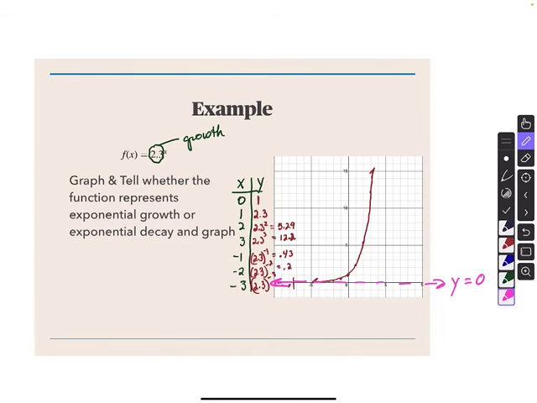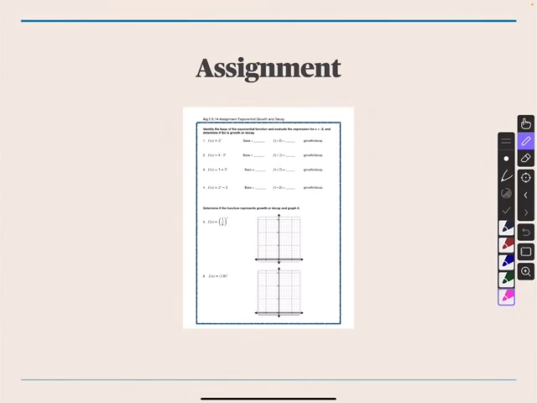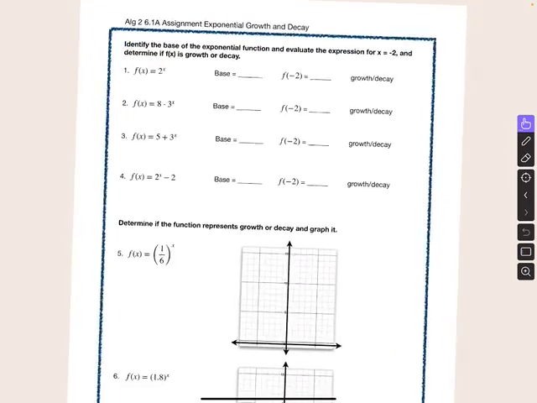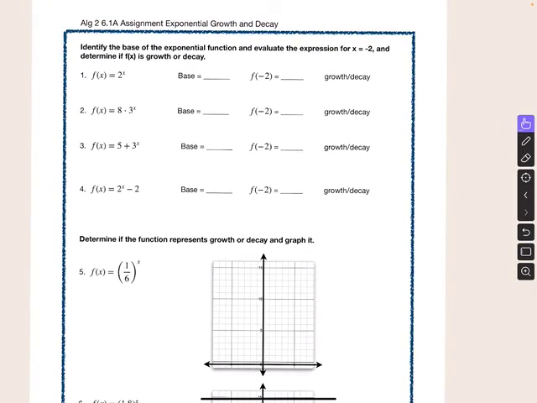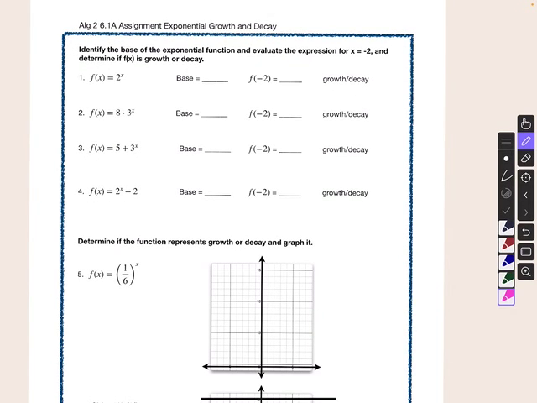So let me pull up the homework here, and you'll see it really doesn't take too much. Okay. In problem number 1, they just want you to identify the base. So problem number 1, we go 2 because that's our base. Remember, the base is right below the exponent, right there. It wants us to find the f of negative 2.